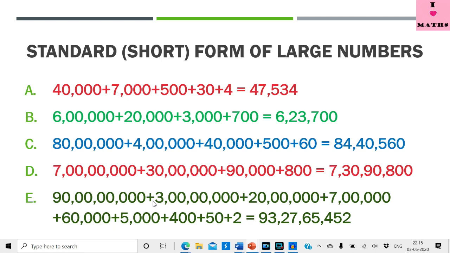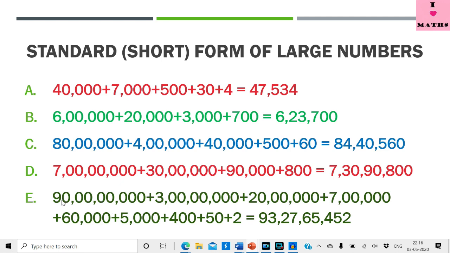90 crore plus 3 crore plus 20 lakh plus 7 lakh plus 60,000 plus 5,000 plus 400 plus 50 plus 2. Children, you must be thinking it's so long, ma'am, how we are going to do this?